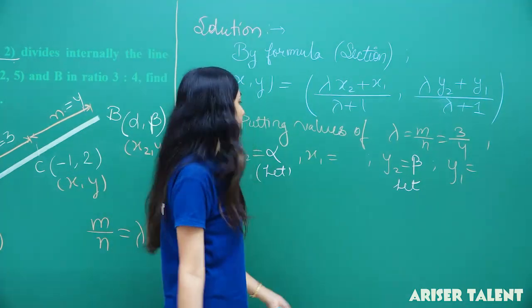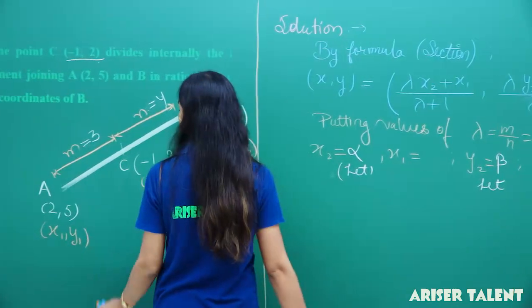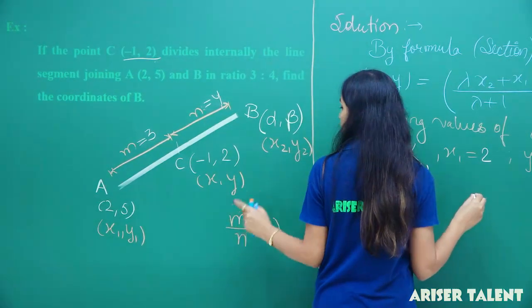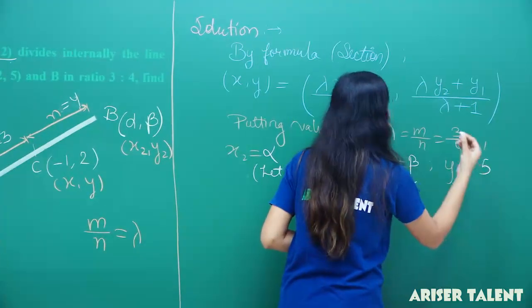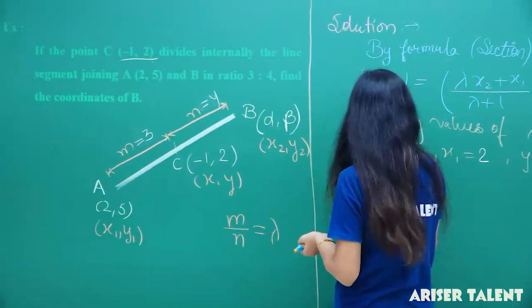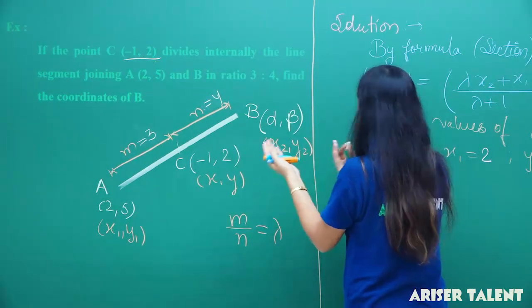That's what we have to find out. Okay, now x1 value is clearly 2 and y1's value is clearly 5. Okay, no negatives, right?